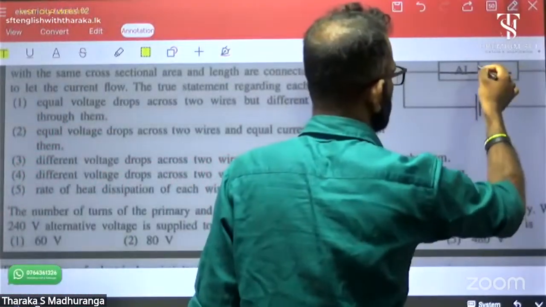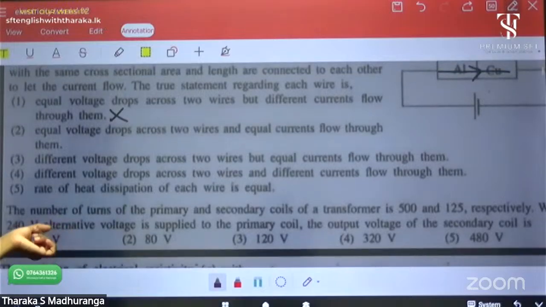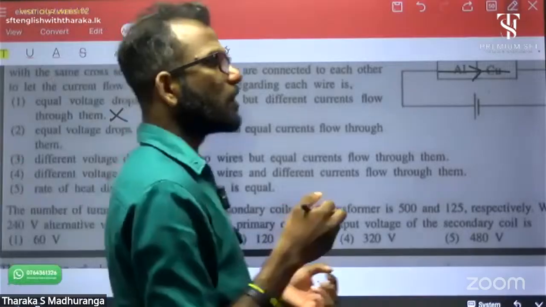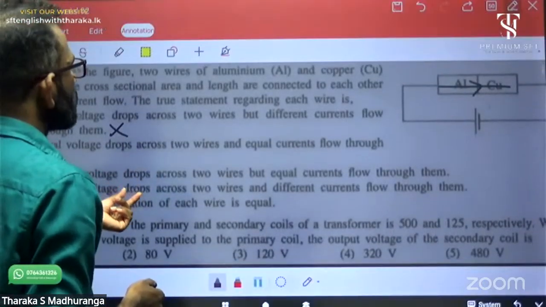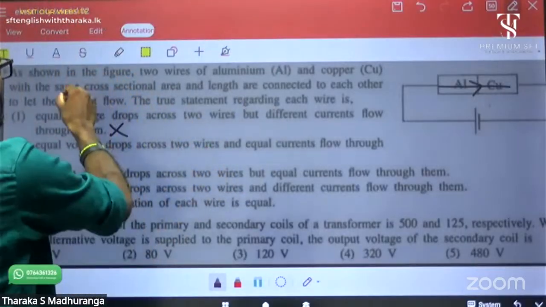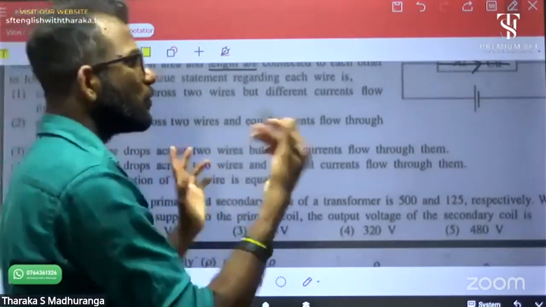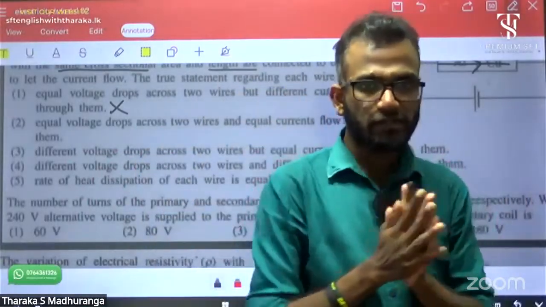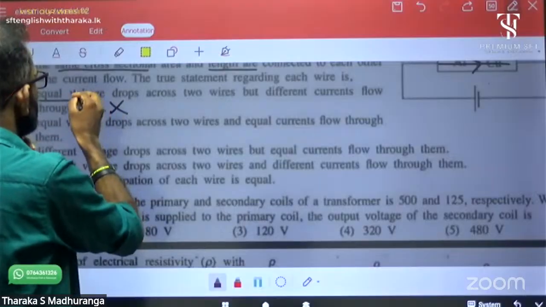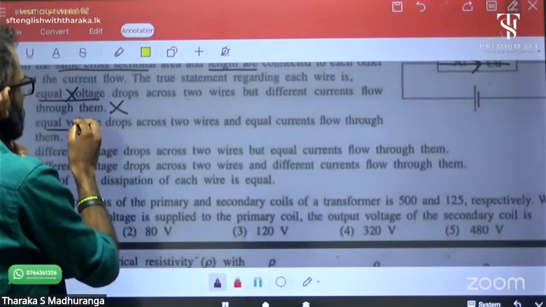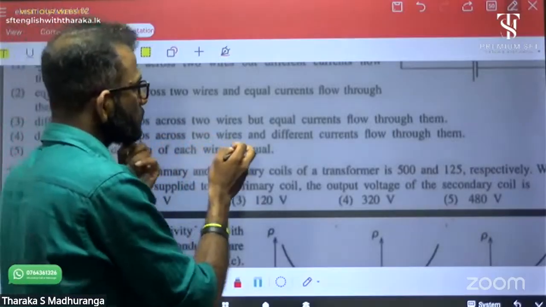Equal voltage drop is also wrong. In a series system it is a voltage divider, so the voltages are not equal. Different voltage drops across the two wires, but equal current flow through them. Very good.